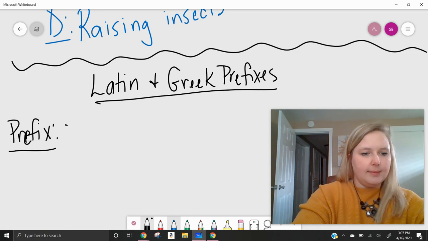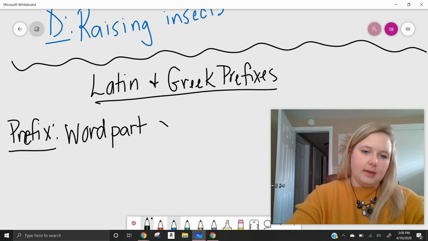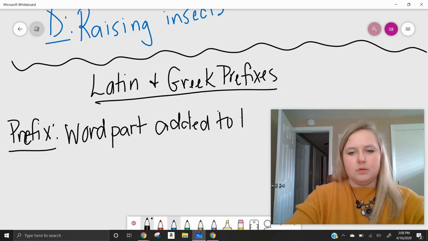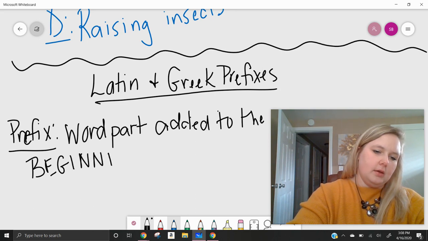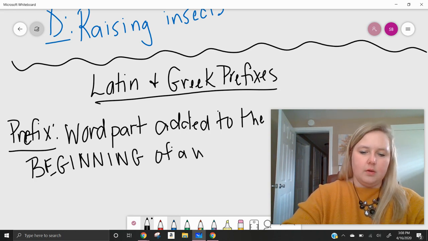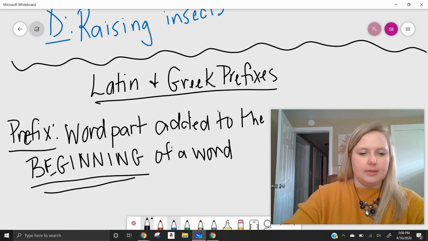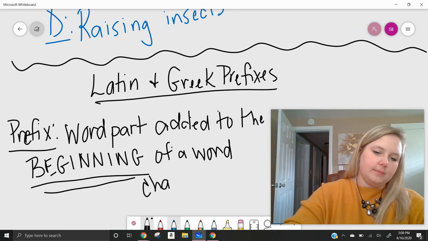I'm going to call those letters or a group of letters a word part added to the beginning of a word. And yes, I want that all underlined and capitalized. And changes its meaning.